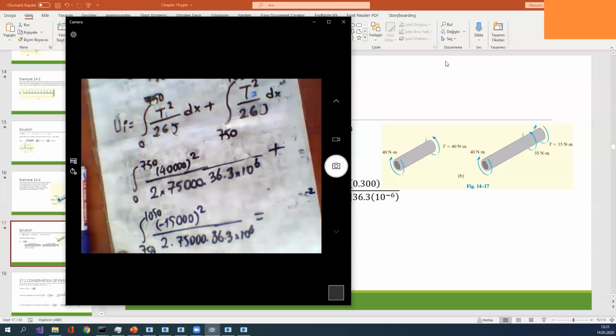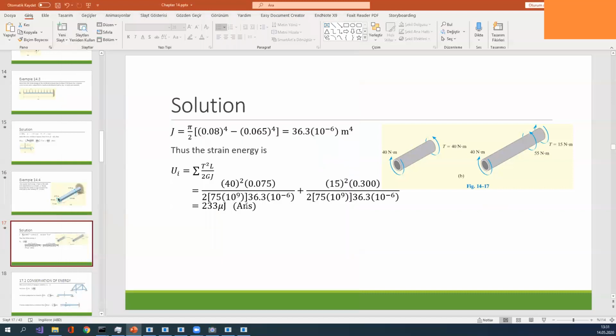Then after that, we obtain the real value, 0.233 joule. Here is the result.